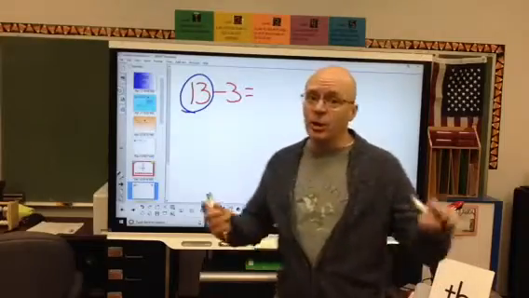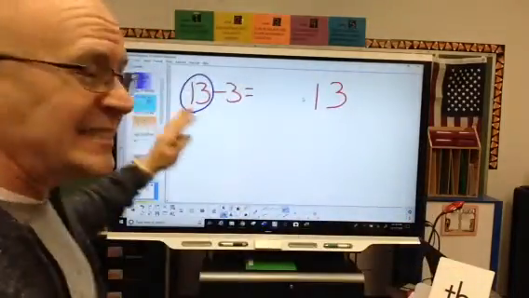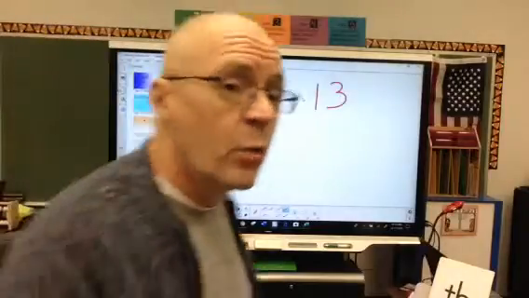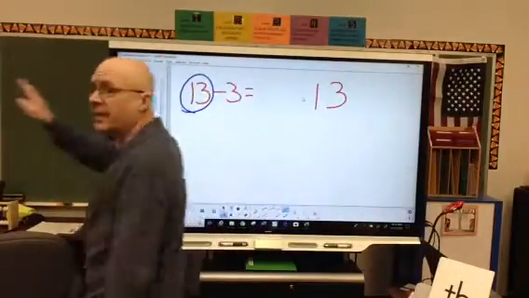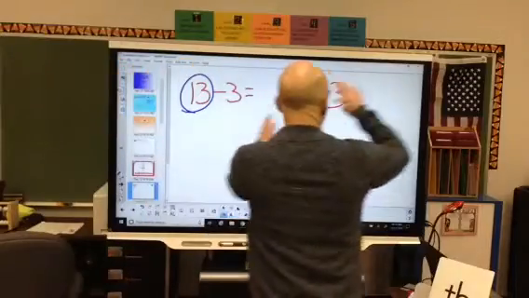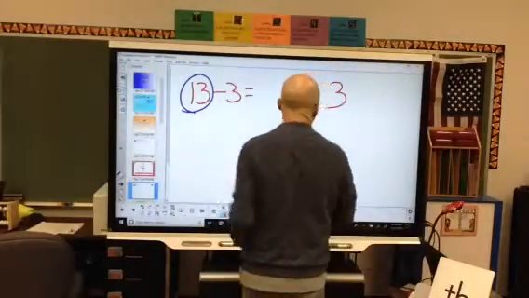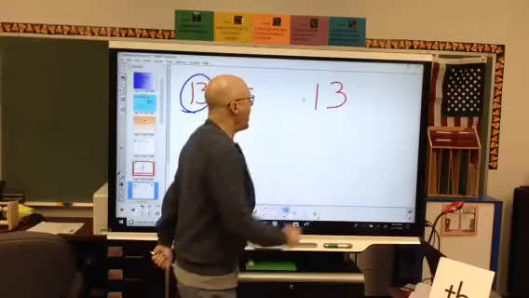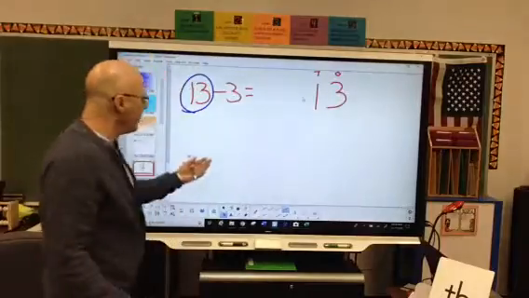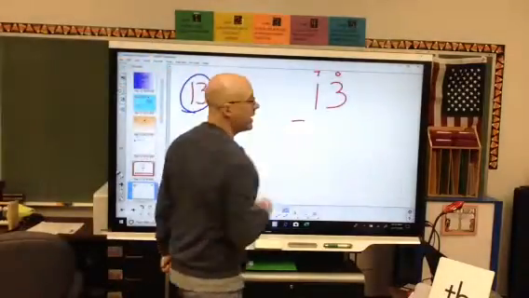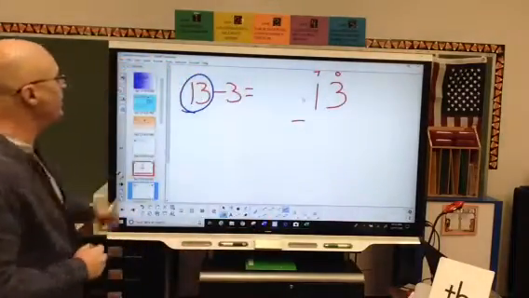Now, I'm going to use place value to figure out how to put this together. When we do place value, we have ones, tens, and hundreds. When I look at this number, I have ones and tens. I'm taking away 3.